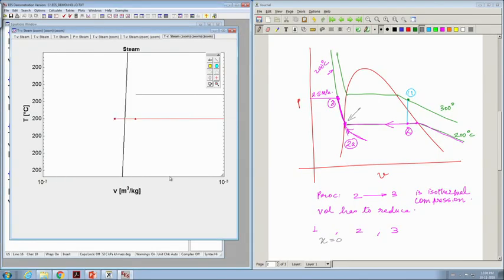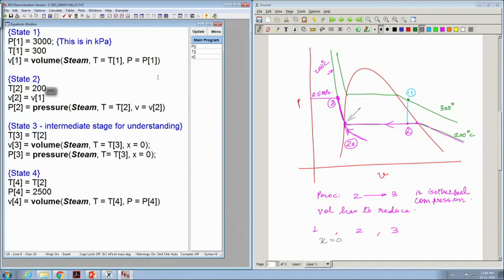And I hope by means of this example, you are convinced that one should always have a physical feel of the problem before attempting it, because that way you know where something is going wrong, or whenever you are doing something which is maybe not physically realistic. Like we saw, the plot drew a straight line from state point 2 to 3.